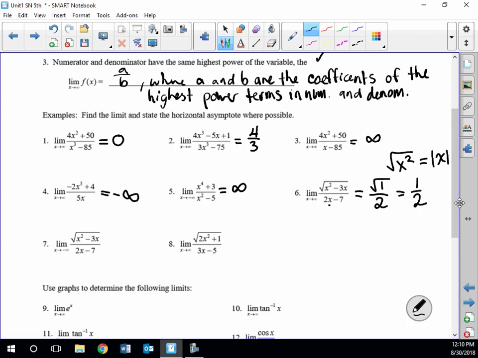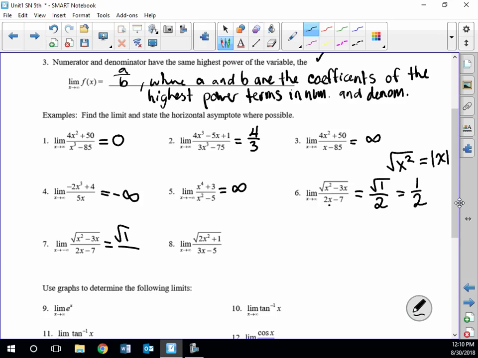So number 7, do the powers match here? Are they comparable? Yes, it's like number 6. They are comparable. The limit is going to negative infinity this time, so the numerator is positive. The square root of 1 is the coefficient. I'm square rooting the coefficient of x squared. And in the denominator, this is a 2x.